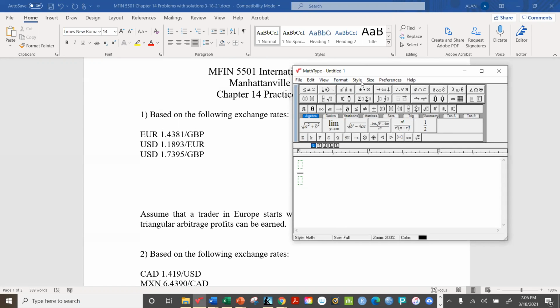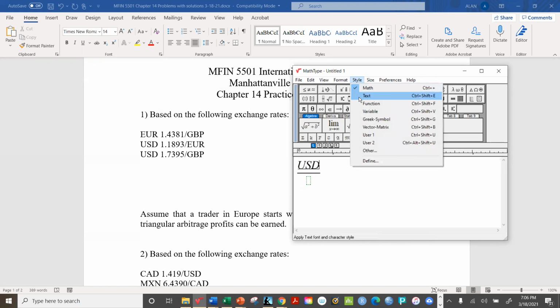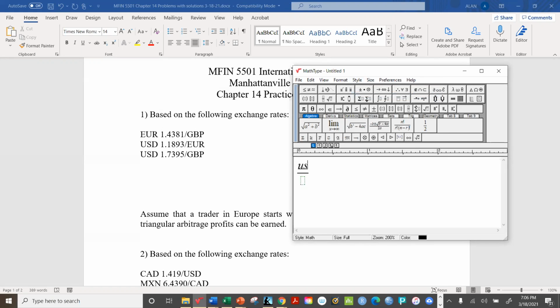Hold on a second. This thing doesn't want to work, does it? I don't know why it keeps doing italics. I'm not asking it for that, but all right, 1.7395 divided by Great British Pound. We should divide that, so let me put this in the numerator.